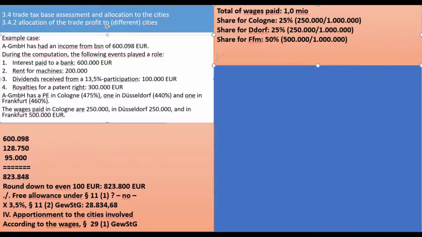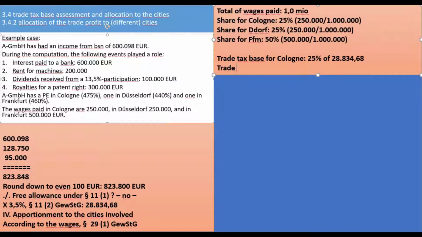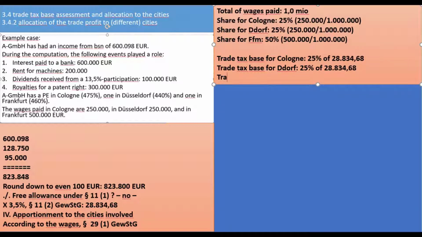So we have the trade tax base for Cologne, 25% of the trade tax base. Trade tax base for Düsseldorf, 25% of 28,830. And we have the trade tax base for Frankfurt Main, 50% of 28,830. So again, let's take refuge to calculators, because now it might be good to find some concrete figures.